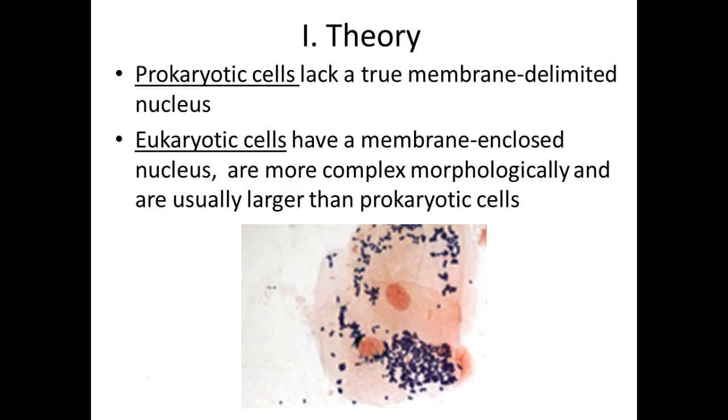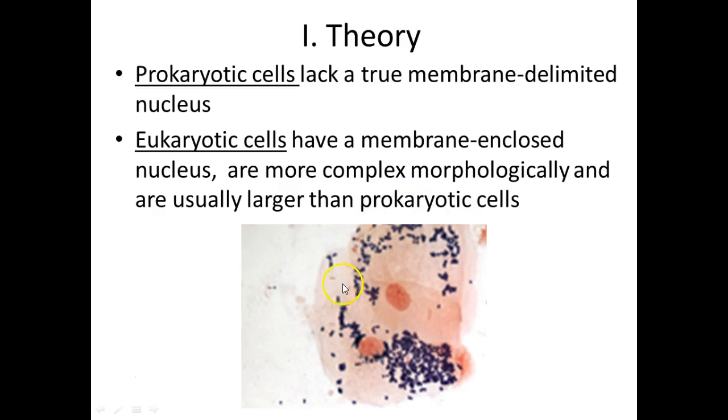So this definitely brings you to our outline, right? In that we have the two different cell types that we've mentioned, the prokaryotes and the eukaryotes. And in this picture you see both. So the prokaryotes here are the purple little dots that you see, probably bacteria. And then, I think this is actually a swab from someone's mouth.